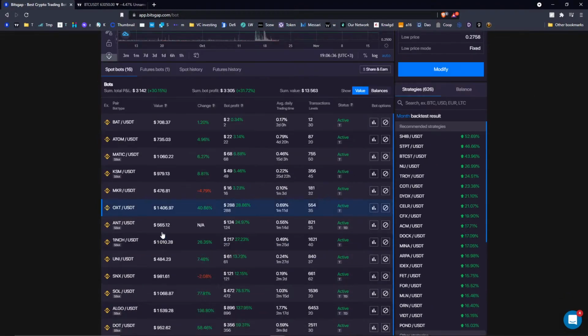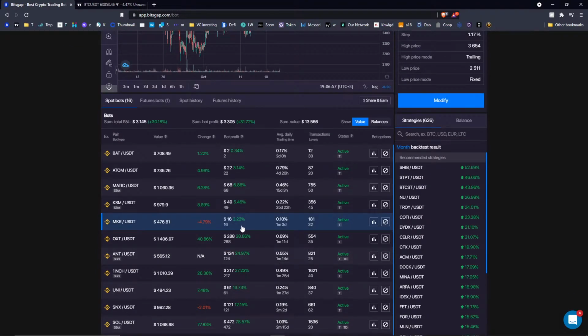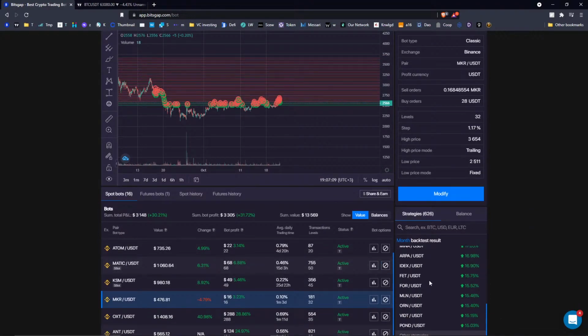You can always look at, let's say I want to have the same settings that I have on MKR trading to USDT, but on the doc trading to USDT that I want to launch. So I'm going to click on here, and I see that my grid step is 1.17, my total number of grid levels is 32, and then of course I also look at the overall trading range, what's the width of it, and that's pretty much what I need to look at when I open the new bot.